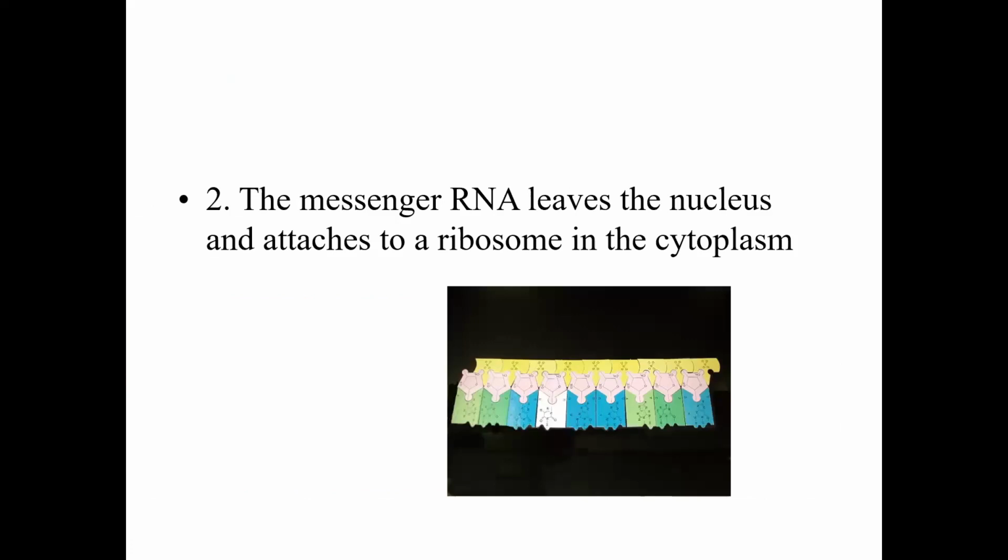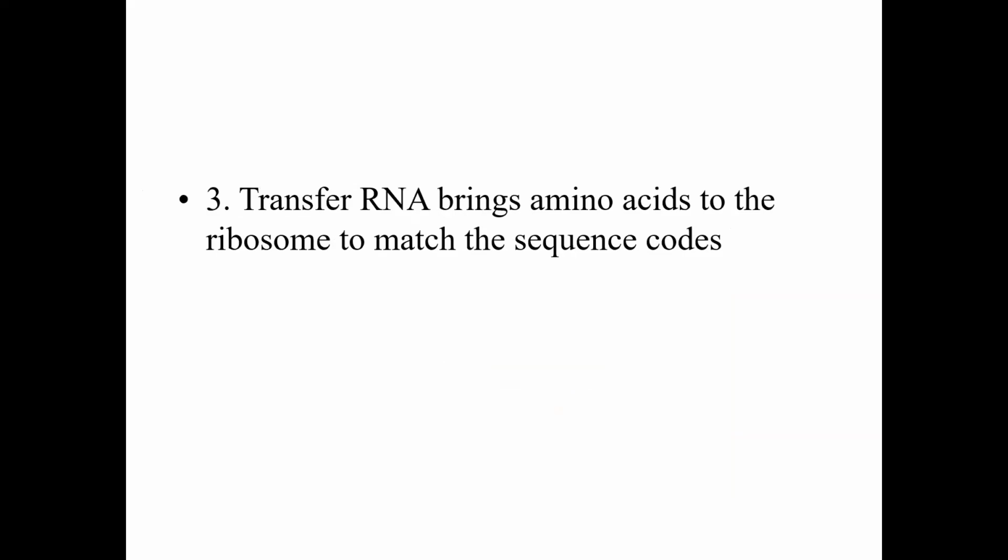Second, the messenger RNA, mRNA, leaves the nucleus and attaches to a ribosome in the cytoplasm. A ribosome means there are lots of ribosomes, okay? And then at the ribosome, there is transfer RNA.